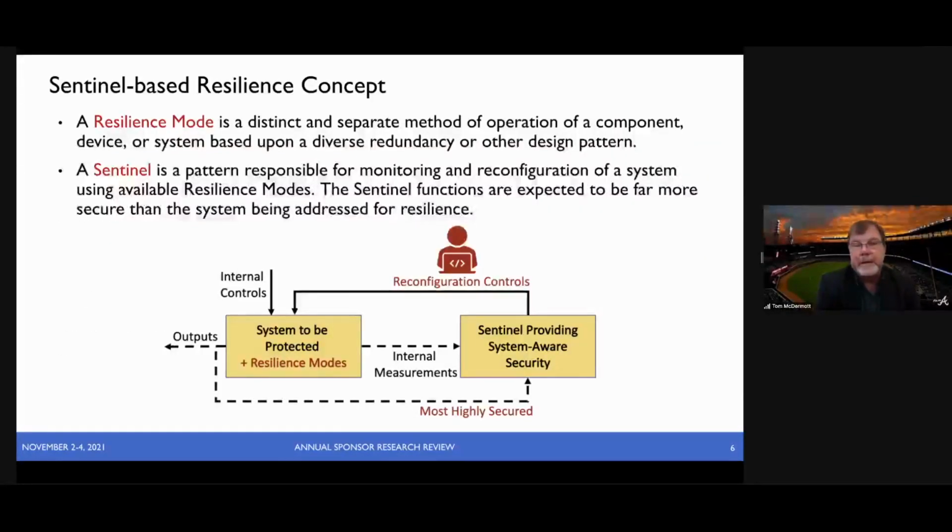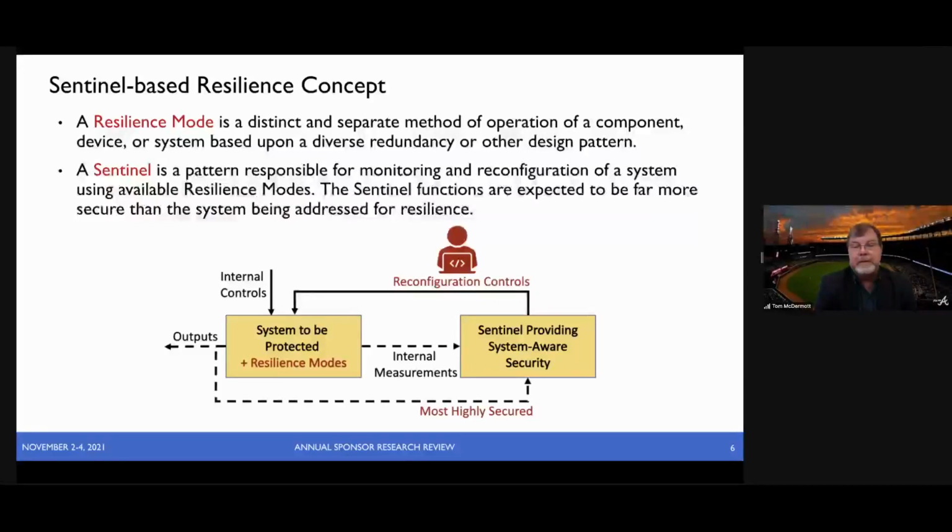This concept, this pattern, we call it a Sentinel, and it's really 2 patterns that exist in the system. You can think of this as a system to be protected, and in systems engineering terms, that would be a systems model of a system to be protected. That system is typically, in these domains, a control system, so it operates off of layers of control and feedback. The system to be protected also has a pattern associated with it called a Sentinel.